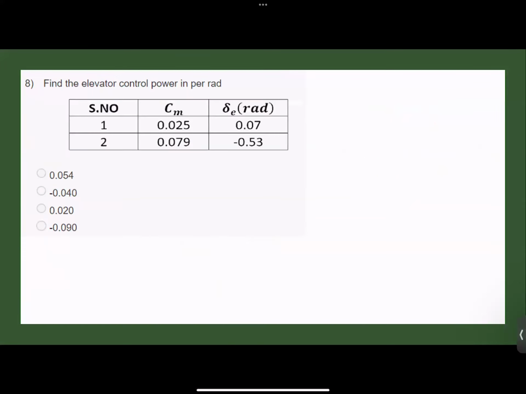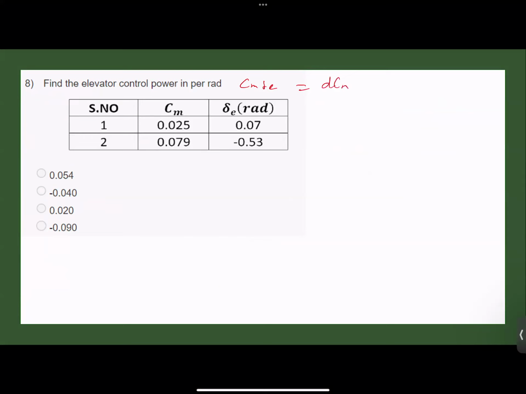Okay. Here they've asked us to find the elevator control power in per radians. So elevator control power is nothing but dCM upon d delta E, or CM delta E. So basically they've asked us to find out CM delta E. So it's just to find the slope.